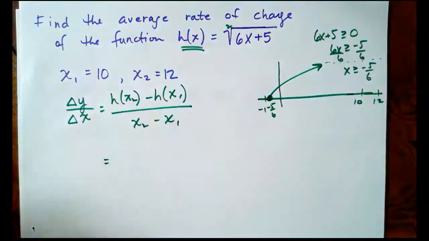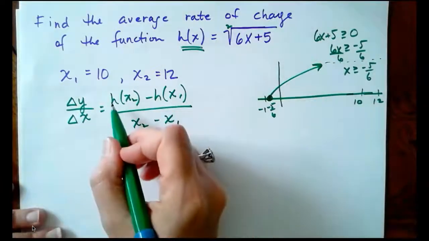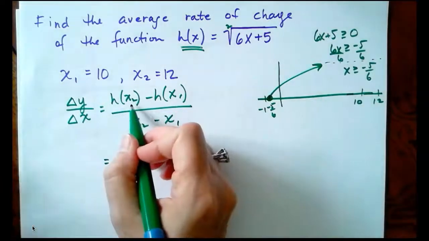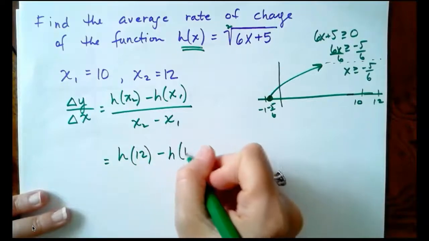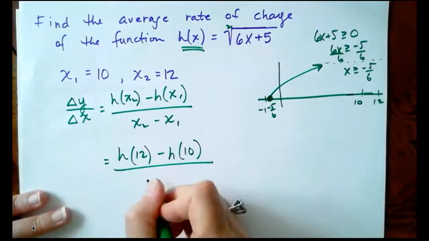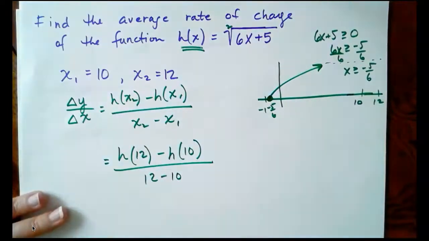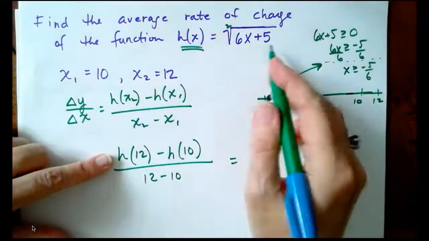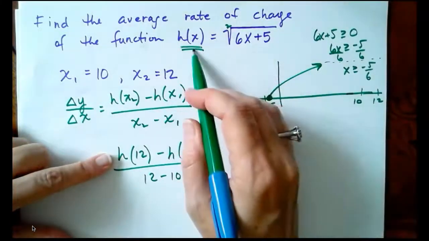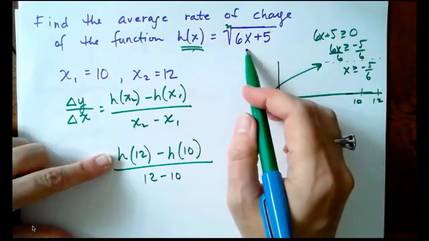So let's plug in everything. First of all, we've got h of x sub 2, so that's h of 12 minus h of 10, over 12 minus 10. Moving to the right, h of 12: go to the function, evaluate the function when x equals 12.